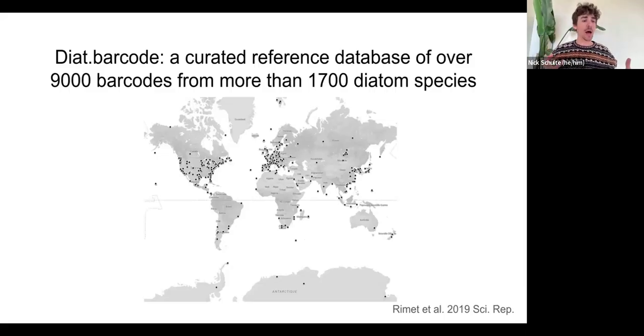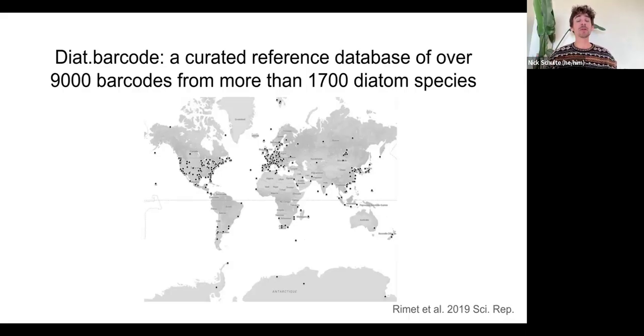So this all has come together in a great resource. It's a curated reference database called diatom.barcode that was started in about 2012 from a group in Europe as part of the DNA-Aquanet initiative, which was to integrate molecular methods into the Water Framework Directive national or international monitoring programs.